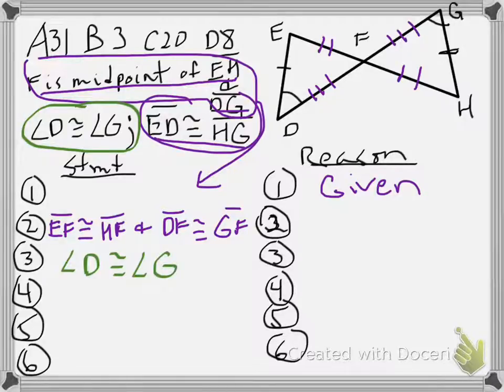That was given to us as well. And then this angle EFD, E to F to D, okay? This angle here is congruent to H to F to G, okay? That's this angle here. And those are vertical angles.